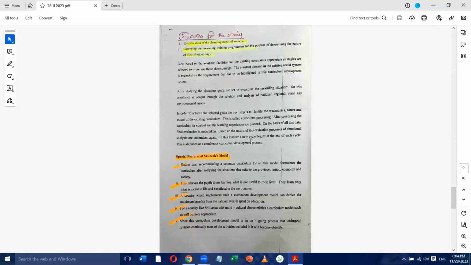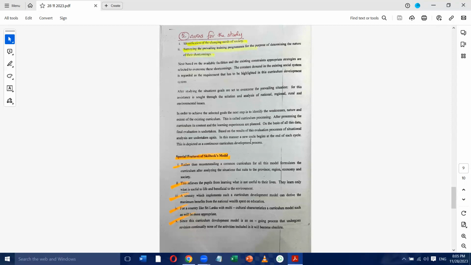Rather than recommending a common curriculum for all, this model formulates the curriculum after analyzing the situation that suits the province, region, economy, and society. So he says that different regions can have different curriculum development systems, but unfortunately in Sri Lanka and most countries we don't have that.